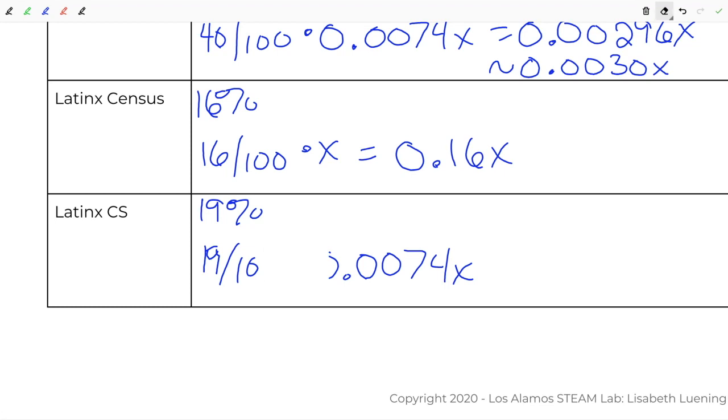That was an X. Oops. I should have put a dot. Okay.